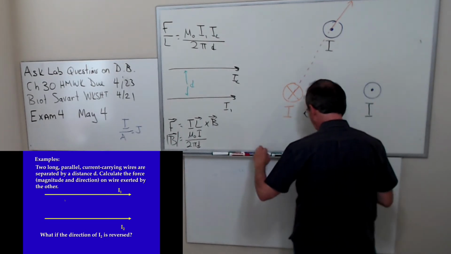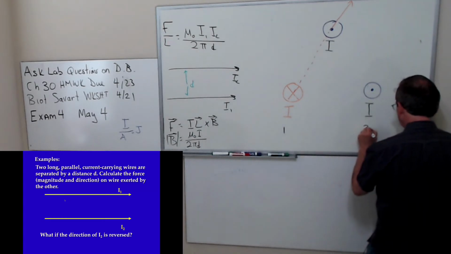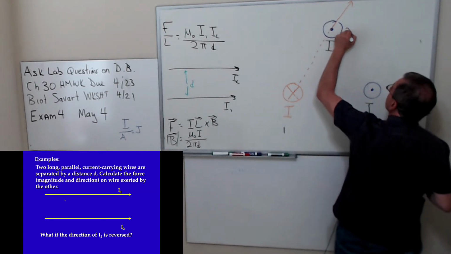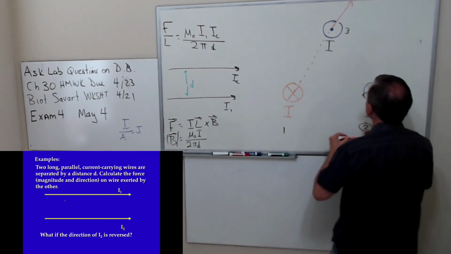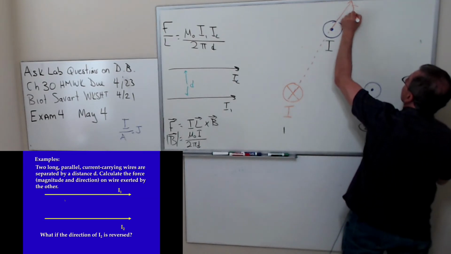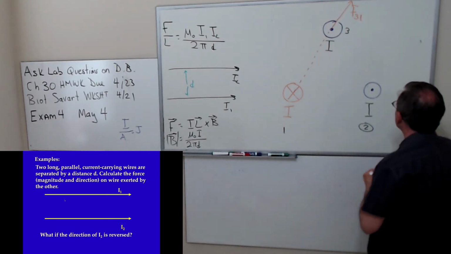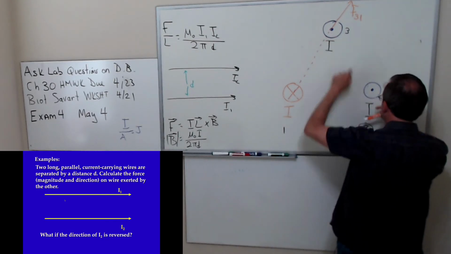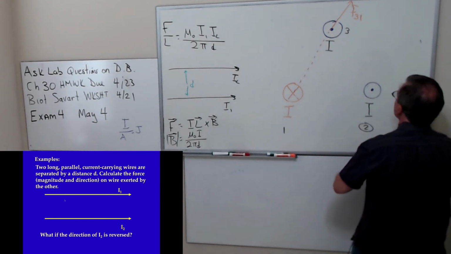And maybe what I'll do is the following. I will number these 1, 2, and 3. And then the force at the top here is going to be the force on wire 3 due to 1. So what are these two going to do? Attract. They're going to attract each other along the line joining them.